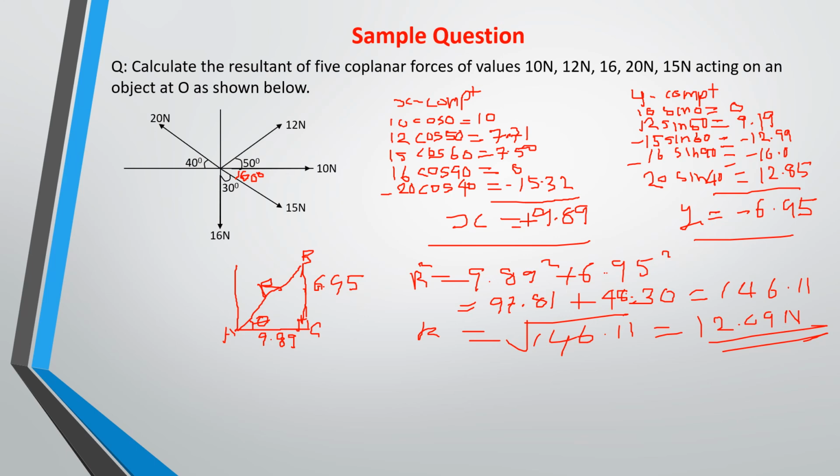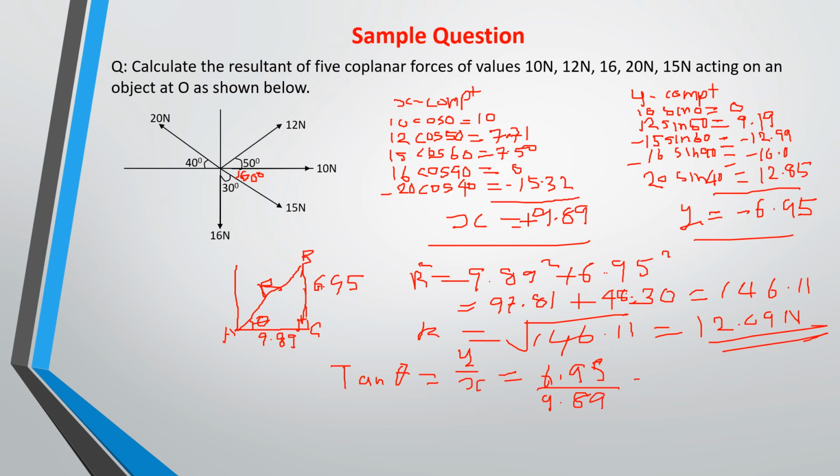Tangent is opposite over adjacent, so tan theta is equal to Y over X. You have already gotten Y is 6.95, X is 9.89, so that will be 6.95 all over 9.89.